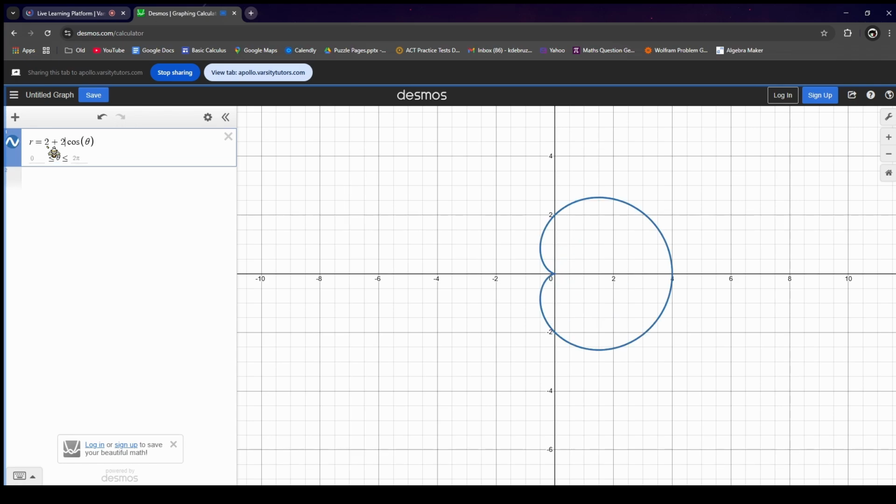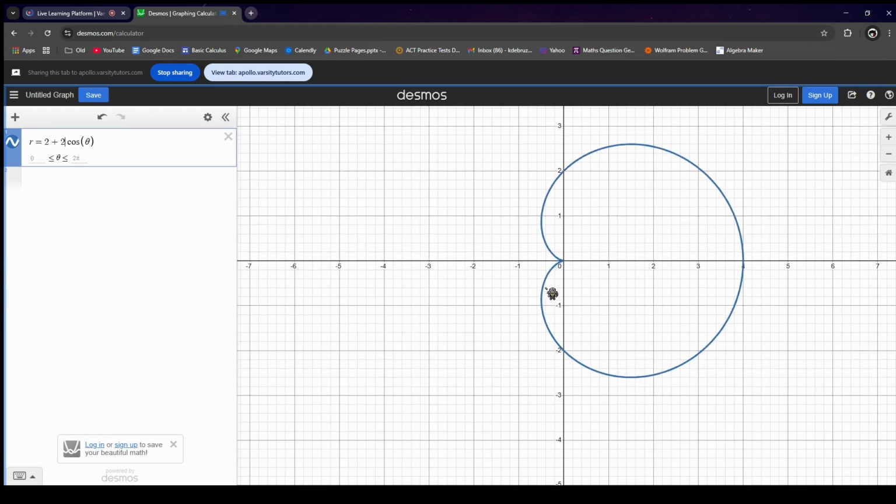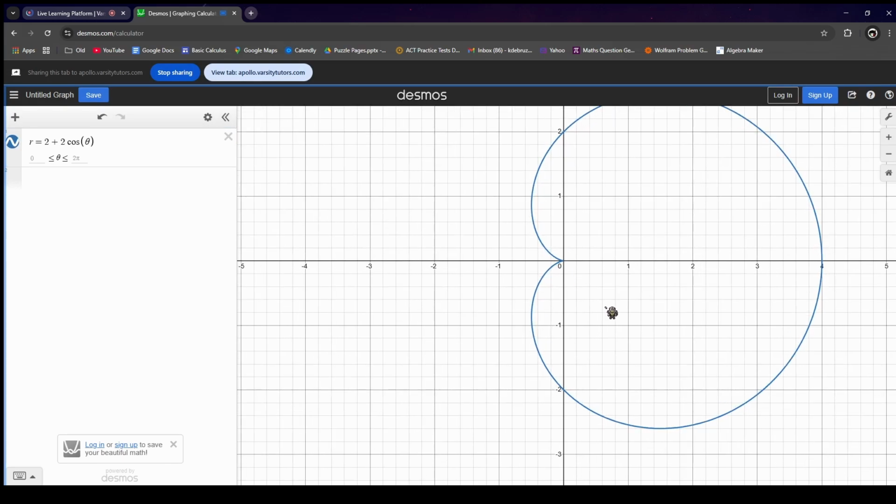If you were to add a slider, you could see how it changes. And if these numbers are the same, we get it where it gets down to a point right here.